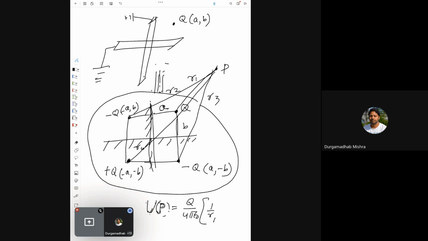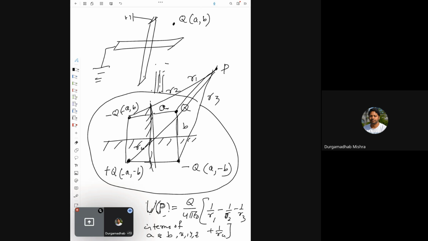For plus it will be 1 over R1. If it is a minus, it will be 1 over R2, then minus 1 over R3, plus 1 over R4. And then you will find R1, R2, R3, R4 in terms of x, y, z, and a and b. This will be easy to find because you know your coordinate geometry.